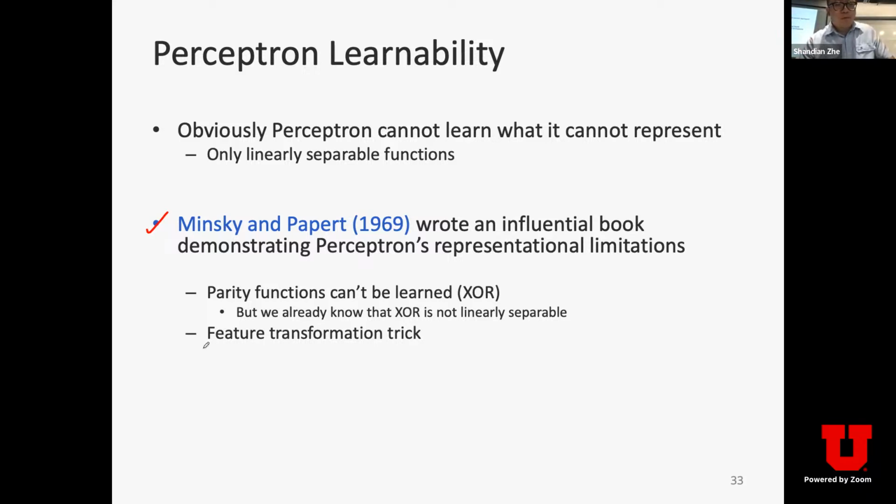But later, people found that we have a feature transformation trick, like I mentioned before. If we can smartly transform the features and map them into a higher dimensional space, we might still find a hyperplane to separate positive and negative examples well. That means in a new feature space, we might still be able to run the perceptron and converge in a finite number of steps.